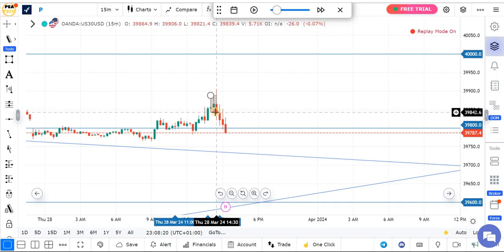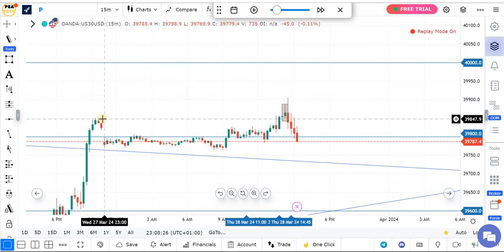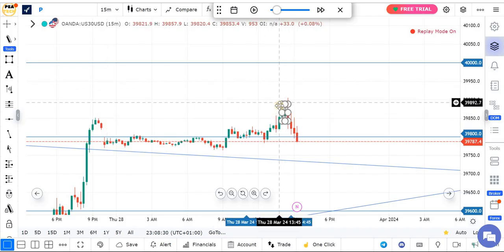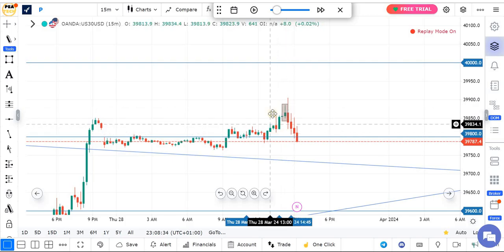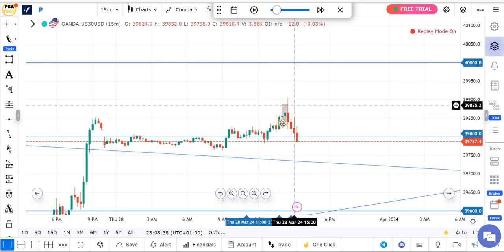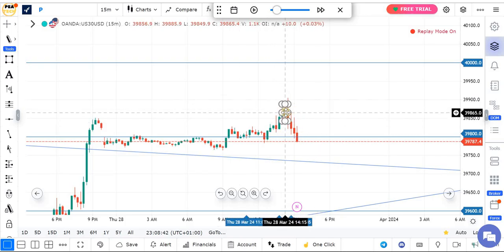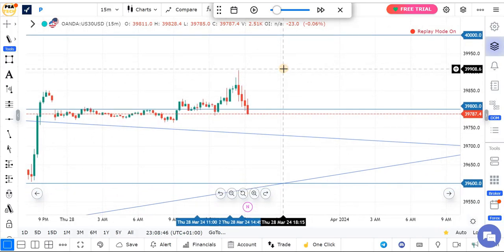This price pretended as though it has broken out of its high going up, but the first candle that broke it got rejected. The second one also got rejected. It's wise not to take the trade until you see a candle breakout, and that is why you see there is sharp rejection here.